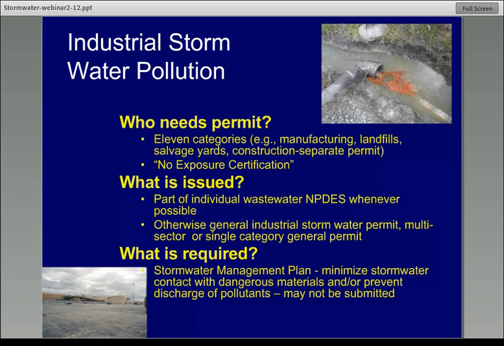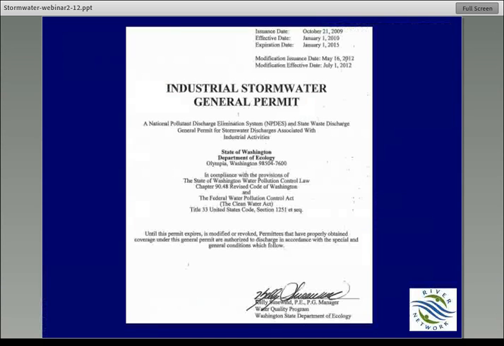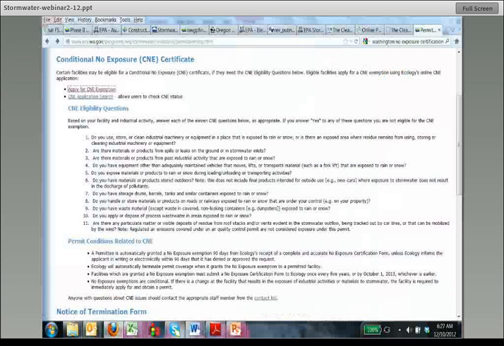So that gets to the no exposure certification here, which is an important, interesting, and critical piece to understand this program. In a lot of states, the no exposure certification is really where the folks that have industrial activities go to first.